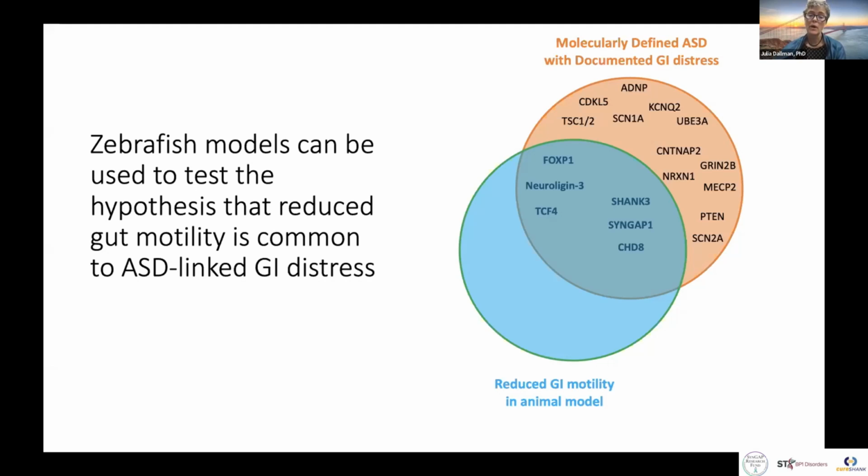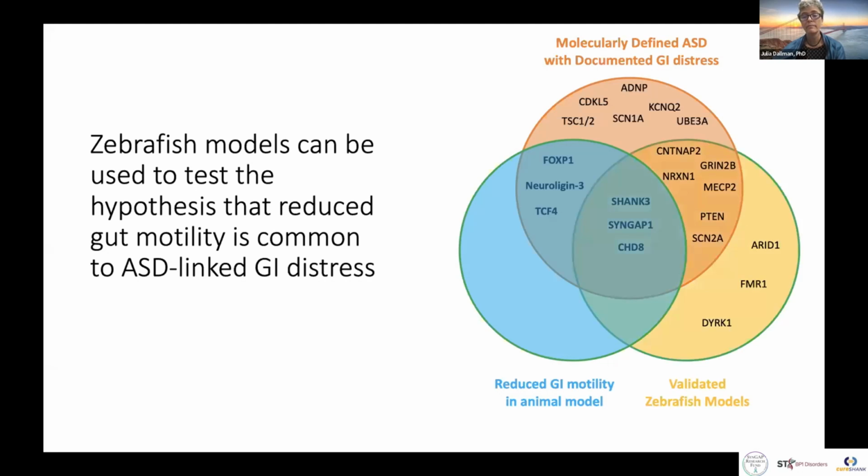So one of the hypotheses that we're interested in testing is that this reduced motility is a common aspect of ASD-linked GI distress. And then you can see that 3 of these animal models are zebrafish models. I'll show you why zebrafish are useful for looking at GI movement. But there are a lot of genetic models in zebrafish that haven't been examined for GI motility.